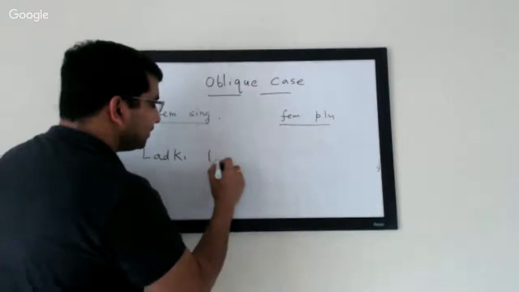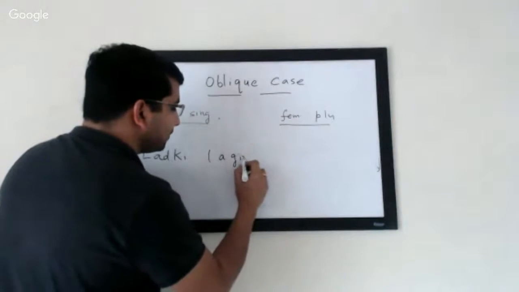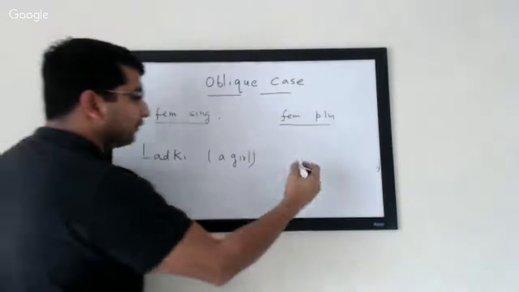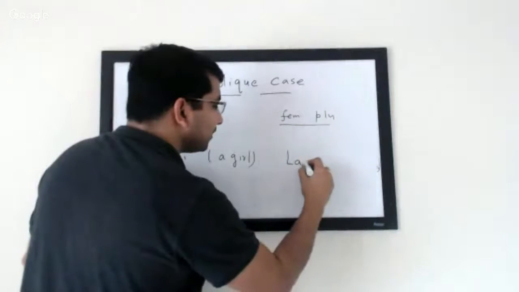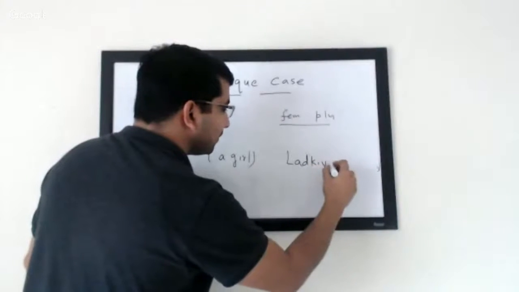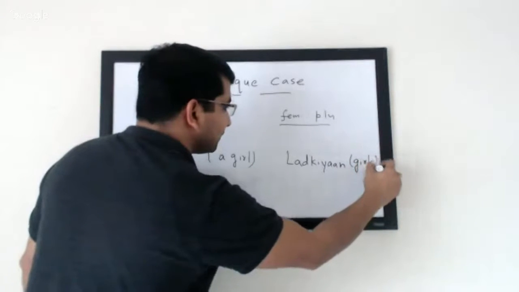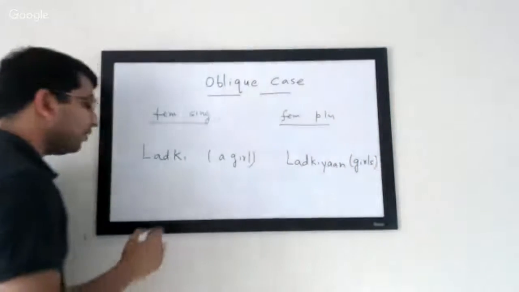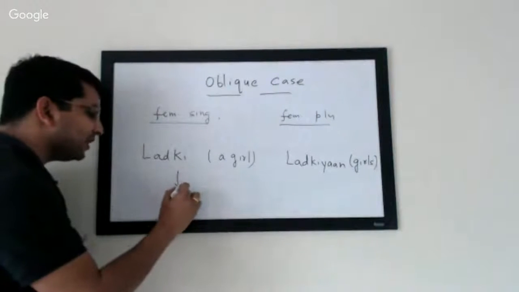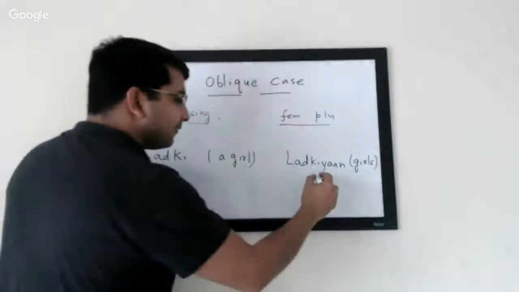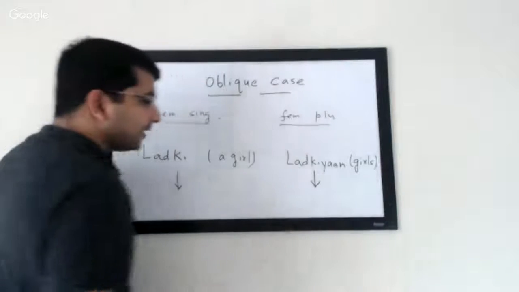Ladki is a girl, and plural of ladki, which is girls. Okay, now think about what will be the oblique case of ladki and what will be the oblique case of ladkiyan.